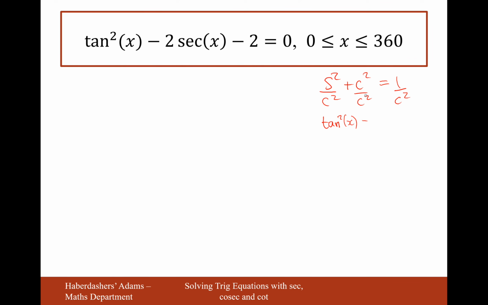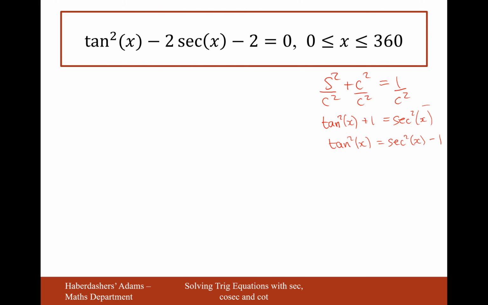Anything divided by itself is just 1, equals, and then 1 over cos squared, that's sec squared. So, to be able to turn a tan squared into a sec squared, if I take this 1 onto the other side, it's going to be tan squared equals sec squared minus 1.